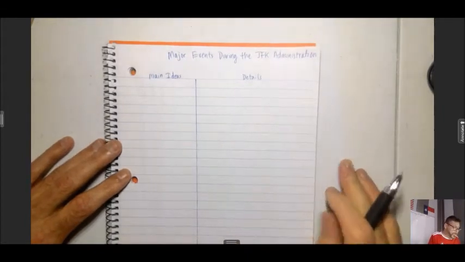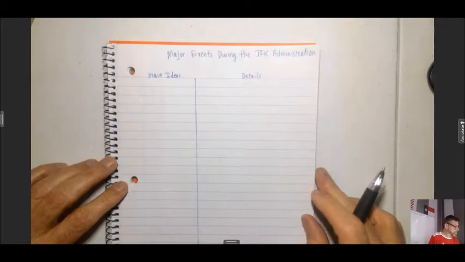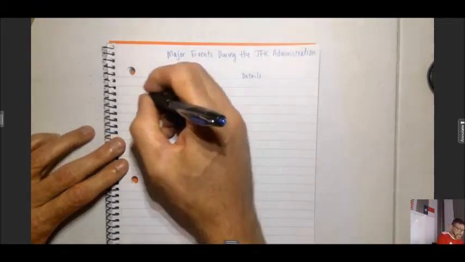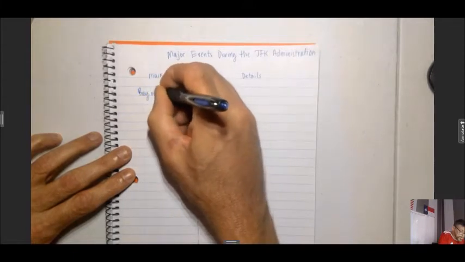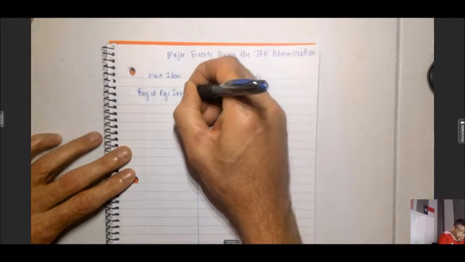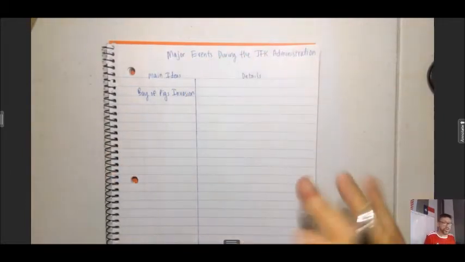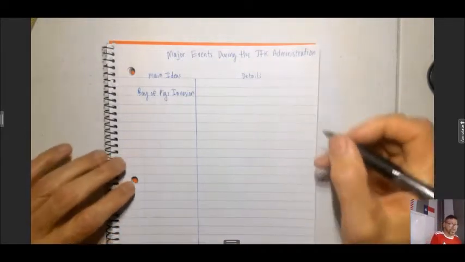It's that simple. So let's say during the lesson, the topic of the Bay of Pigs invasion comes up. That would be your main idea. So, Bay of Pigs invasion. During the lesson, you're seeing and hearing these things that we're about to write.